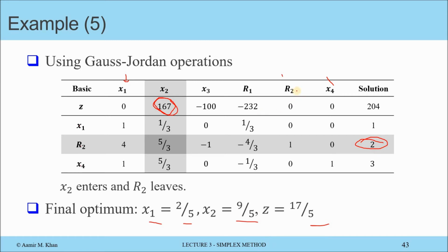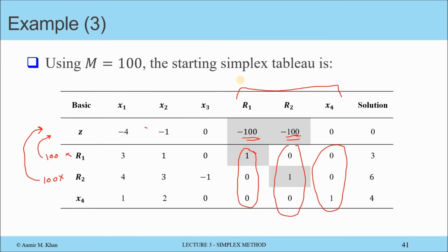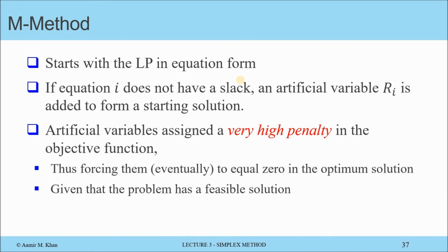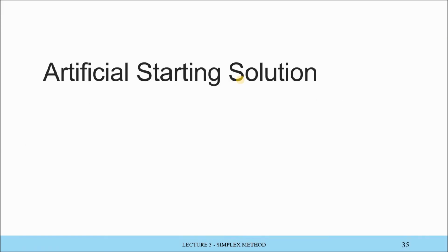Okay, so we have finally solved the problem by putting over here two variables, and because you put a high penalty in the objective function, they will automatically finish up. Okay, if they are not finishing up, then you will see something like this that's given over there.